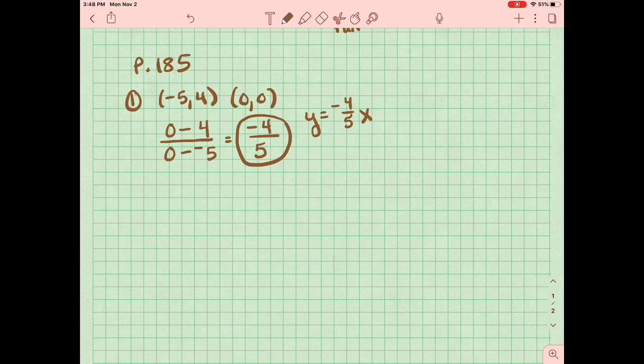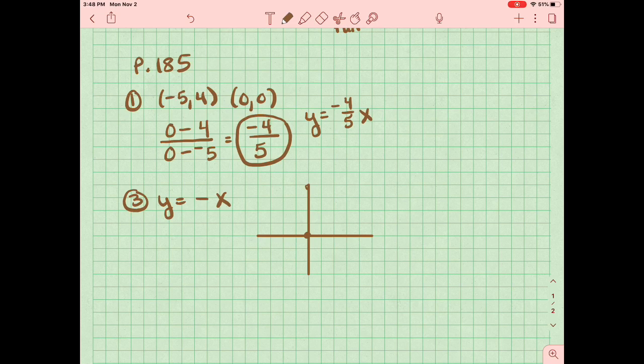In number 3, I have a direct variation equation, y equals negative x. That would be like negative 1x, and it says to graph it. And so if I were actually going to graph this, I would know that I am definitely starting at the origin.